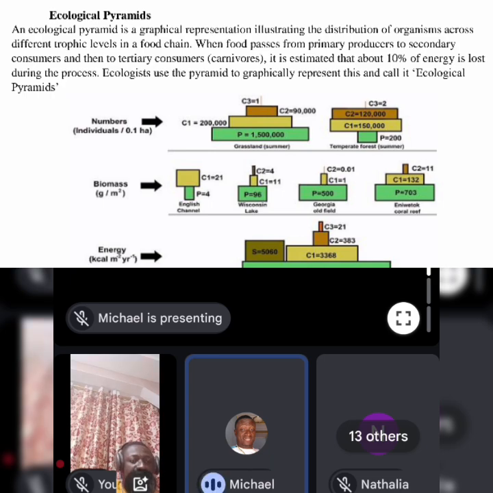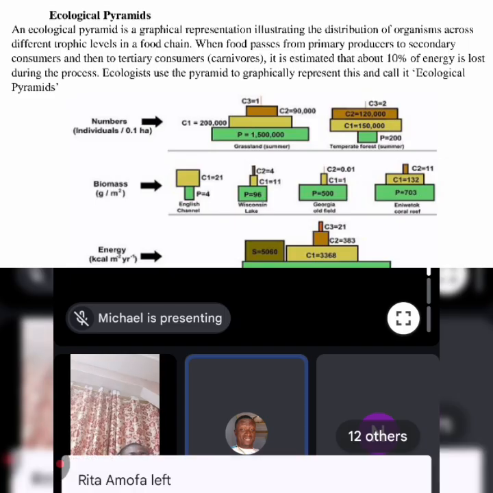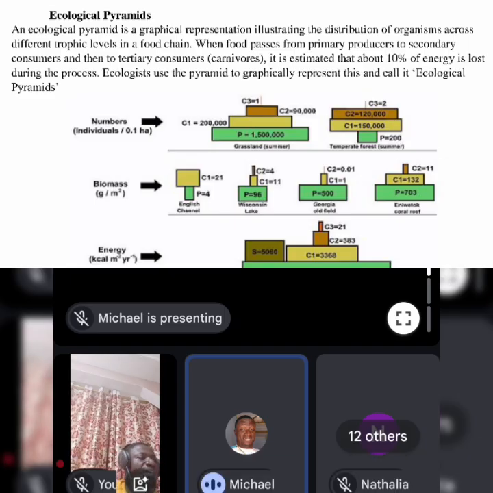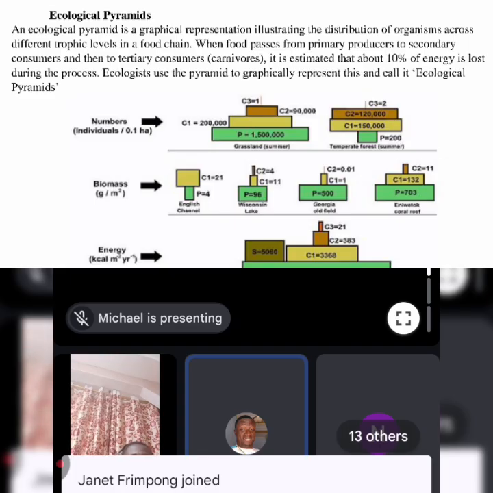So, as we said in brief, an ecological pyramid is a graphical representation that illustrates the distribution of organisms across different trophic levels in the food chain. It could also demonstrate not just the organisms, but also the energy flow and the biomass.